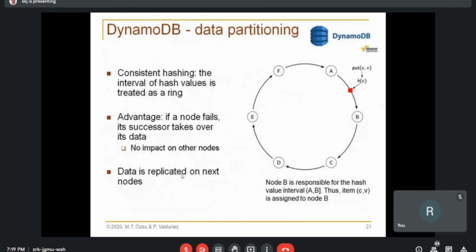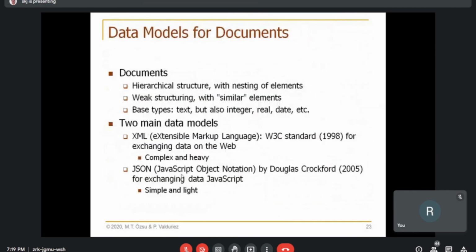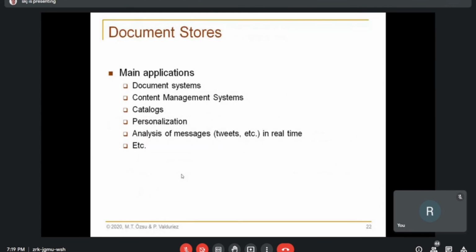Next category is document store. Applications include document systems, content management systems, catalogs, personalization, analysis of messages and tweets in real time.